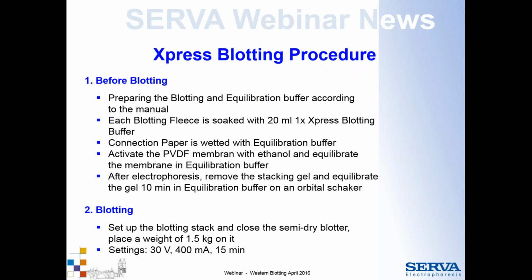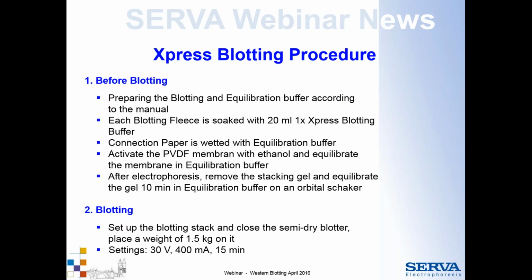If you have equilibrated the gel, then you can set up the blotting stack in the semi-dry blotter according to the instruction of the blotting manual, because the orientation of the stack depends on whether the cathode is on the top or on the bottom of the blotter.